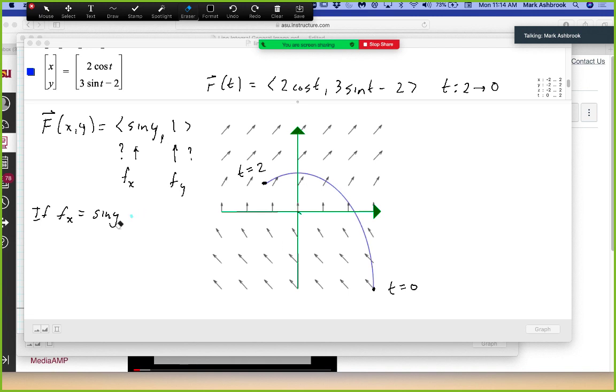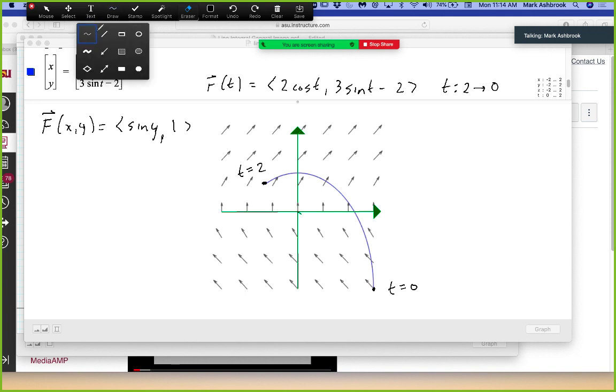Okay, but we can still compute a line integral, even though it's not a gradient field. You can do line integrals through gradient fields or non-gradient fields. Perfectly fine.